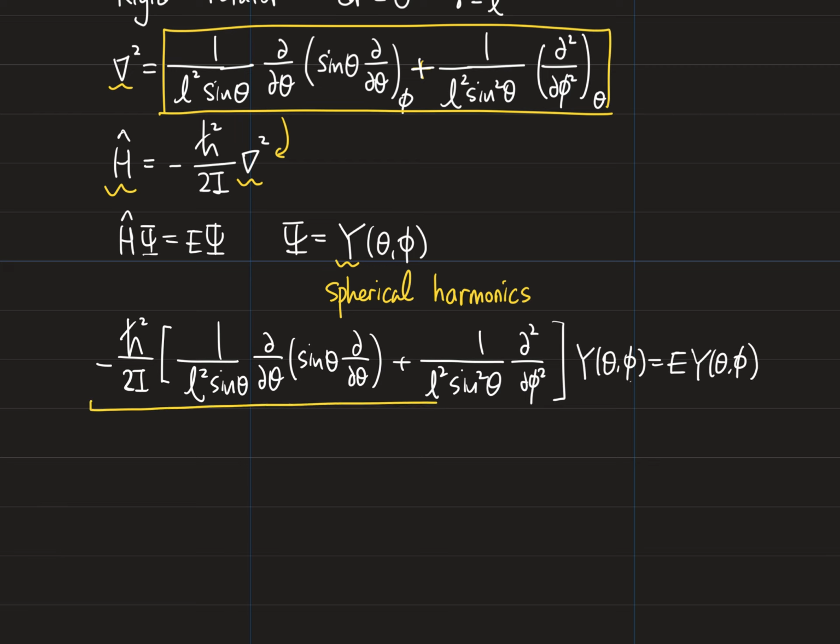So the left-hand side, highlighted with the yellow line, is the definition of the Hamiltonian operator. So we are going to multiply the whole equation by sine squared, and let beta be 2I multiplied by energy divided by the reduced Planck constant squared.